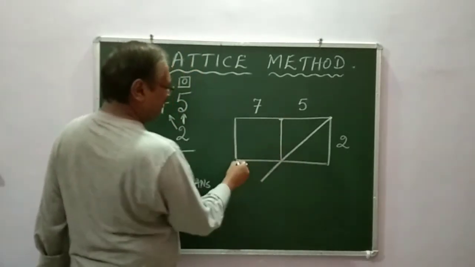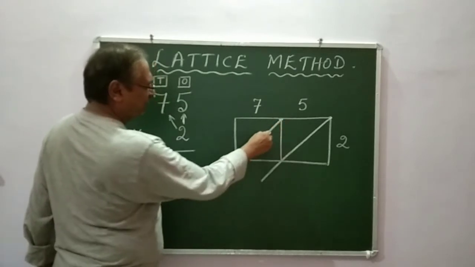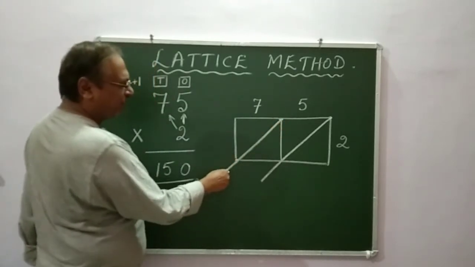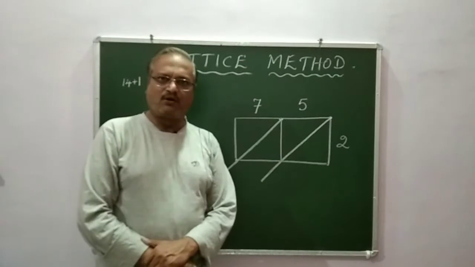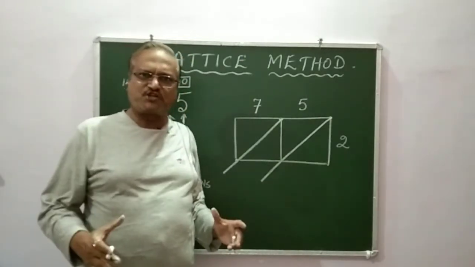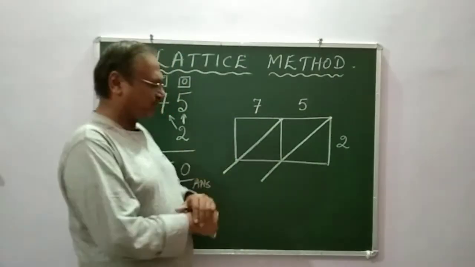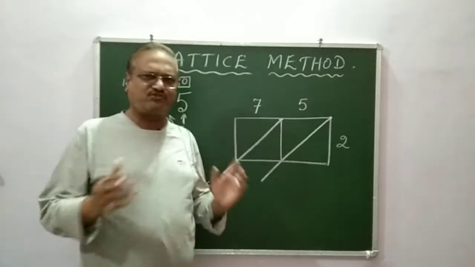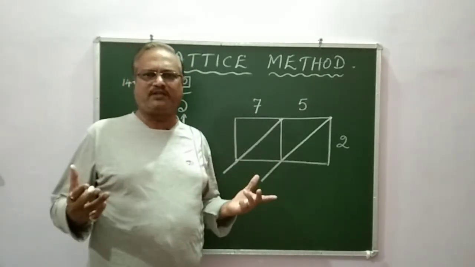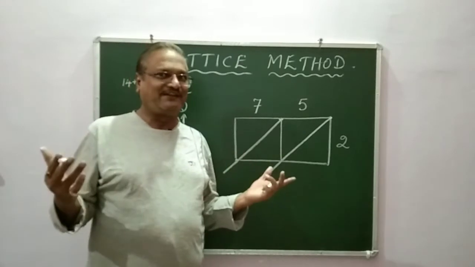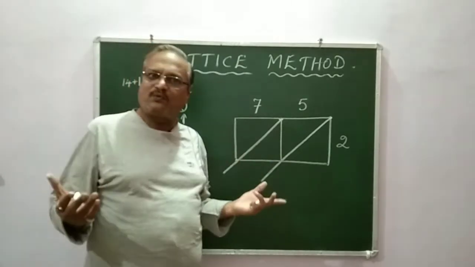From this corner to this corner draw another line. Oh, it looks like a magic box. Yes, it is a magic box. Very easy. My teachers never taught me. I learnt it only now.